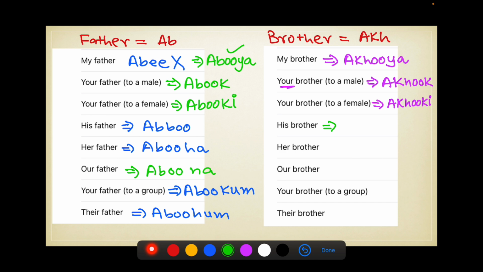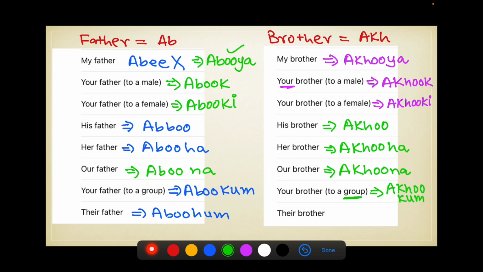For his brother, we will write akhu. And for her brother, we will write akhuha. Our brother will be akhuna. And while talking to a group, your brother is akhukum. Their brother will be akhuhum.